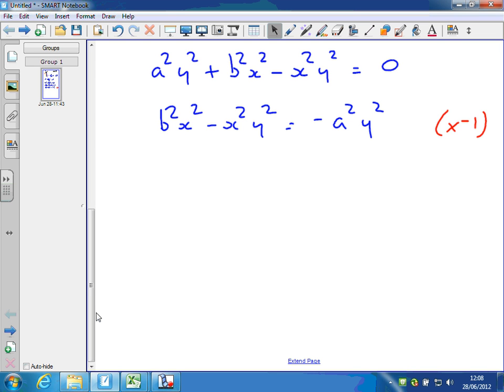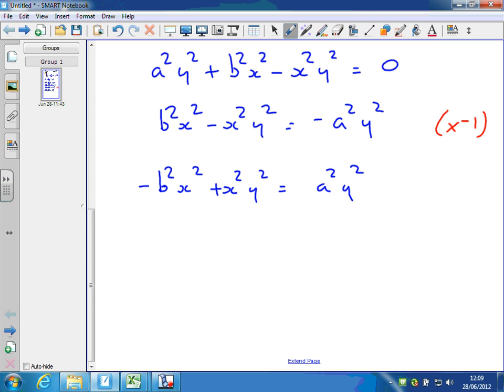I would still have a negative on the left-hand side, but it would be the other term. Because if I multiplied b squared x squared by minus 1, I'd have minus b squared x squared. If I multiply minus x squared y squared by minus 1, I get plus x squared y squared equals a squared y squared. So that right-hand side now is not negative.